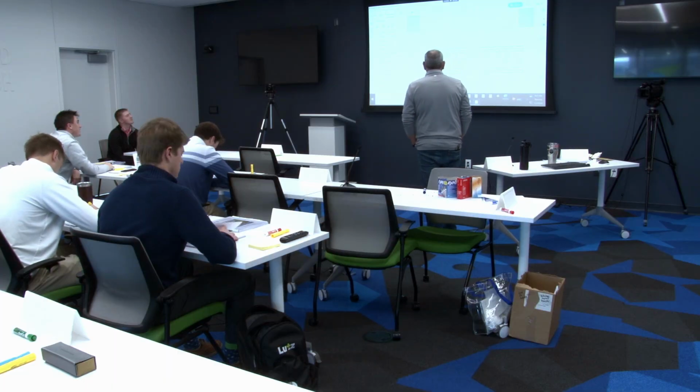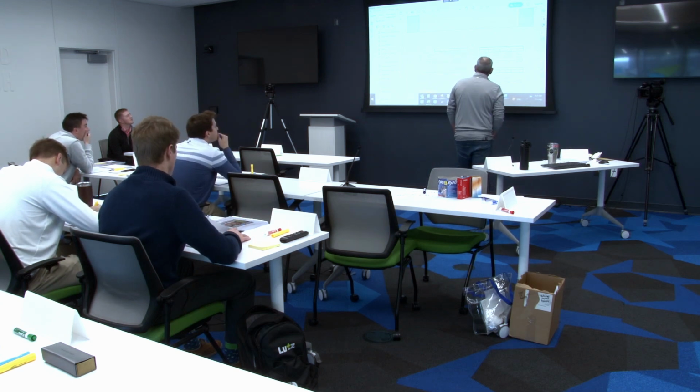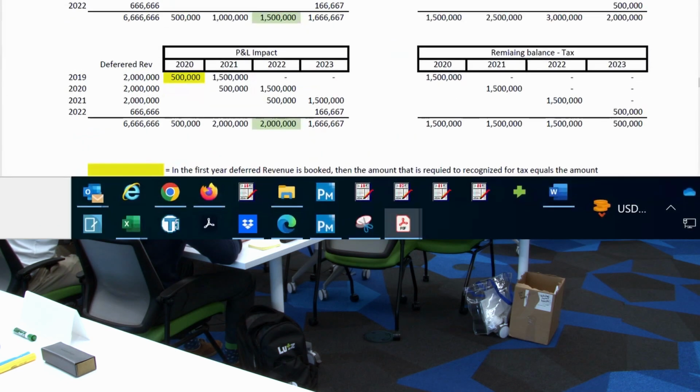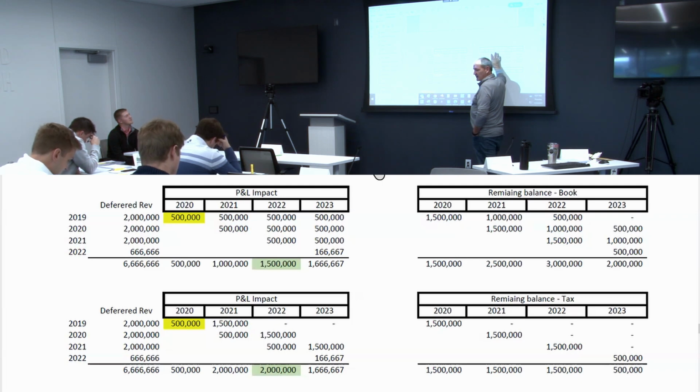So I'm pretty sure, and I think I probably did this poorly. As a matter of fact, I'm quite confident I did it poorly. The top section is my GAAP accounting. And going back to what Austin Sabalaska said yesterday was, talk to the auditors. Ask them how they're recognizing that for tax.